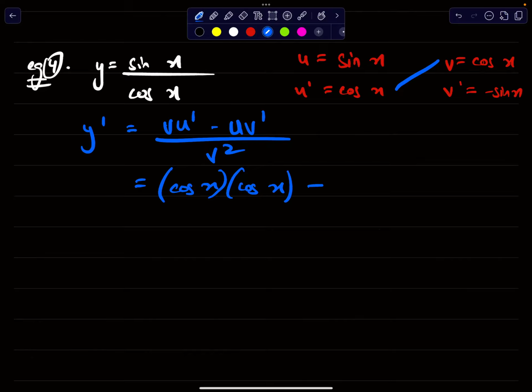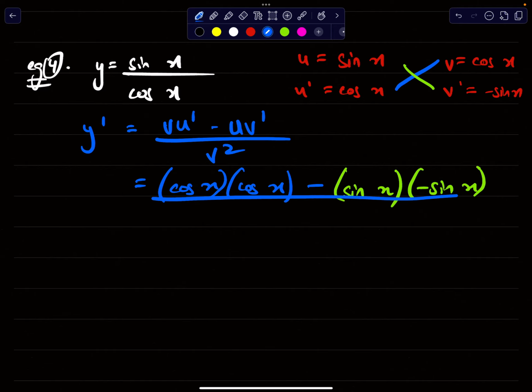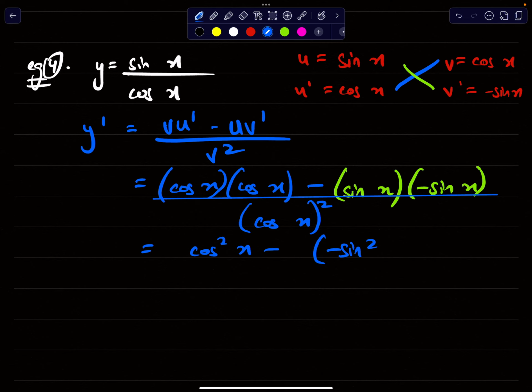And we have minus this, that's going to be sin x into minus sin x. Everything over v square, that's cos square x or cos x whole square. So we have cos square x. This is going to turn out to be minus sin square x.